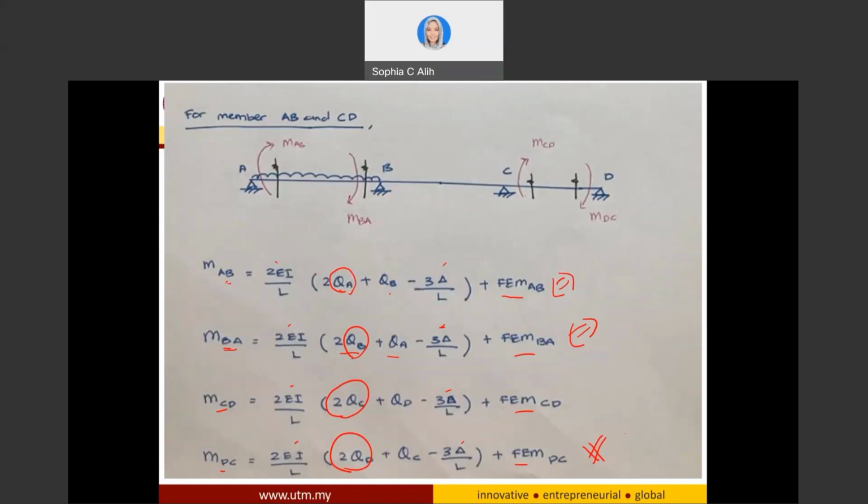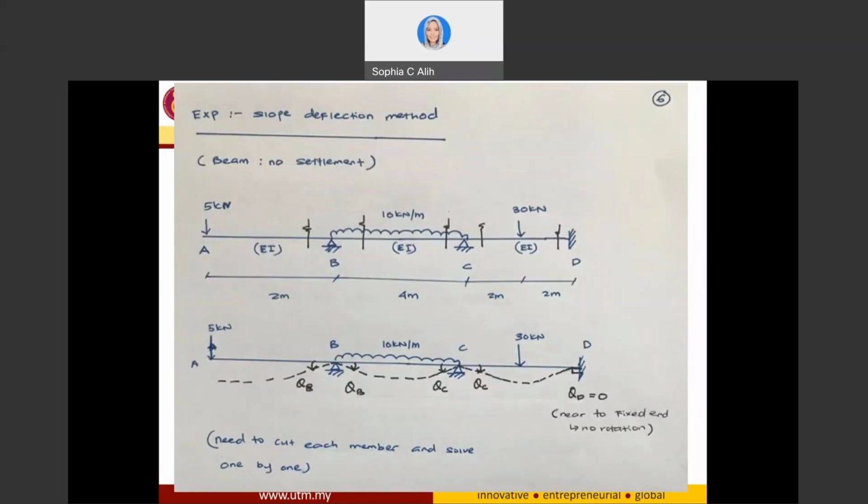Okay, in order for us to see an example of using this equation, we will see one condition of beam. Okay, one example of slope deflection method.